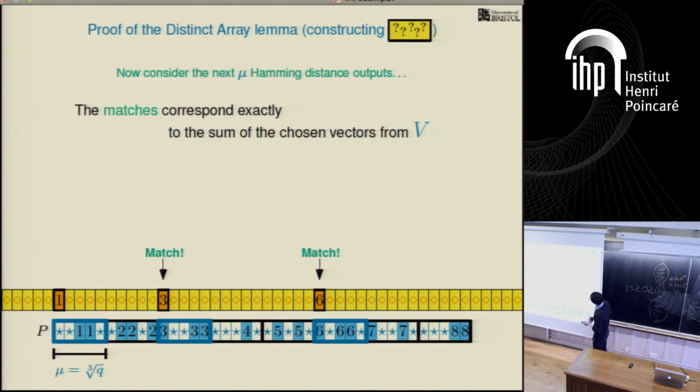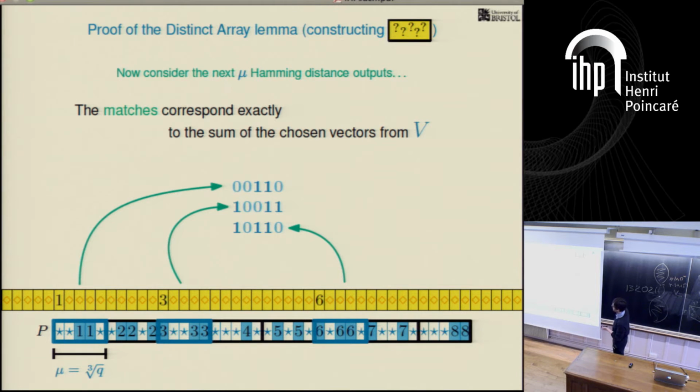Now, I claim the matches correspond exactly to the sum of the chosen vectors from V. If it's wrong, it's just because I wrote it down wrong. So take the vectors back up, work out the sum: 2, 0, 2, 3, 1. They actually come out backwards. So whatever vectors I pick, their vector sum is exactly, in reverse, the Hamming distances that I receive from the next mu distances.